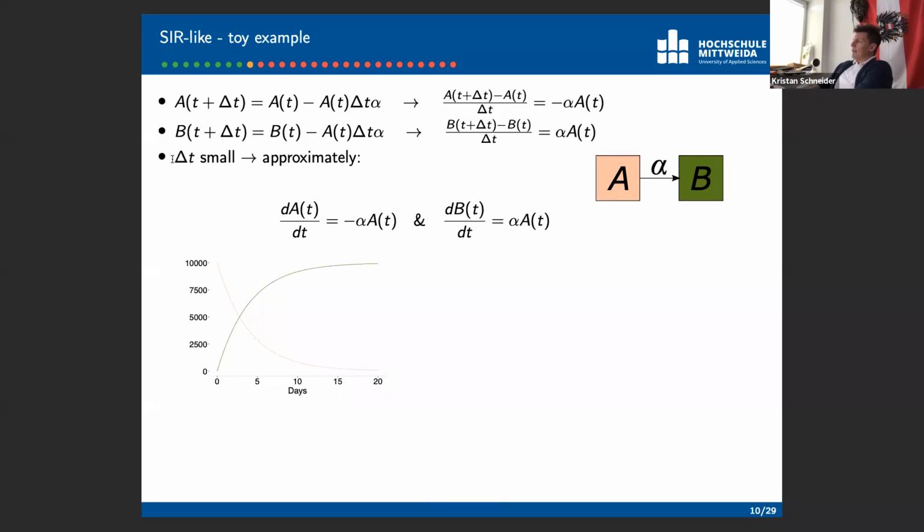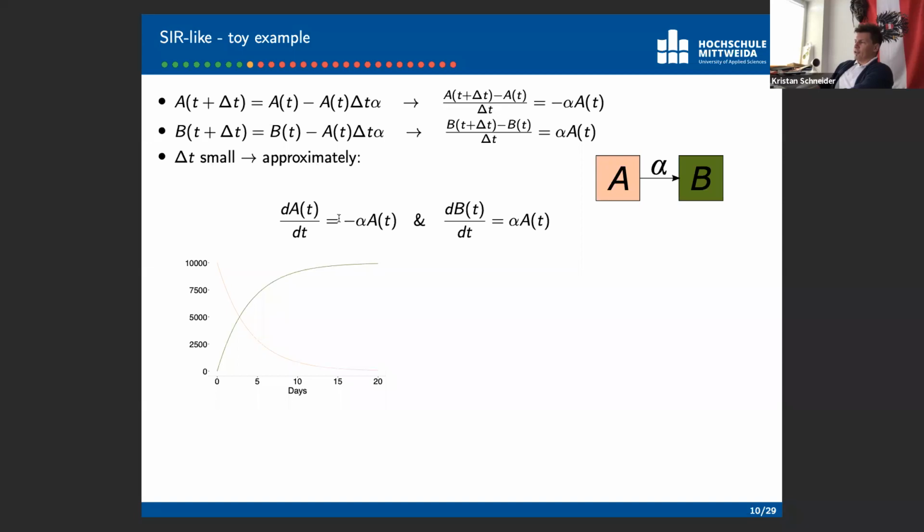If we let delta t be small, then approximately we get the following system of differential equations. The time change of the function A is minus alpha times A, and the same for B. Okay, so that's it. And this equation, we couldn't care less. Actually, we don't need it for the understanding at all. That's the cool thing with this type of models.